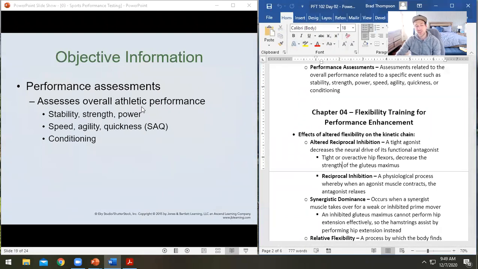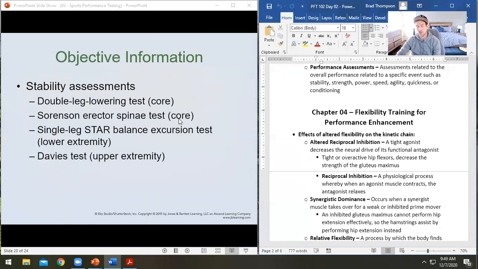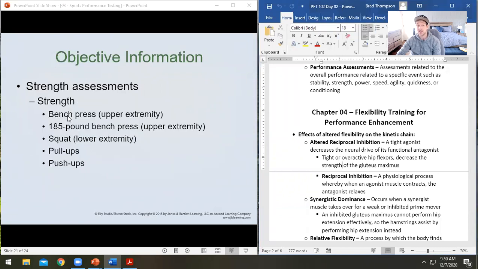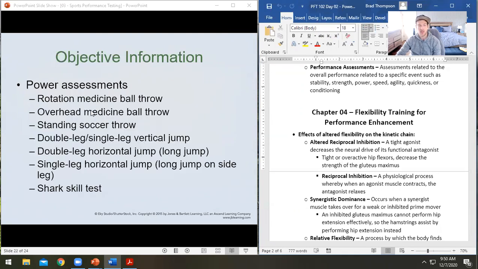So we saw a bunch of assessments. Some were related to stability, some were related to strength, some were related to power. A lot, I spent too much time on, were related to speed, agility, and quickness, and some were related to your cardio conditioning. And we're going to see a couple pictures of those here on the PowerPoint. So there's the stability assessments: star excursion, Davies test, erector spinae test, double leg lowering. Strength assessments: bench, squat, pull up, push up.